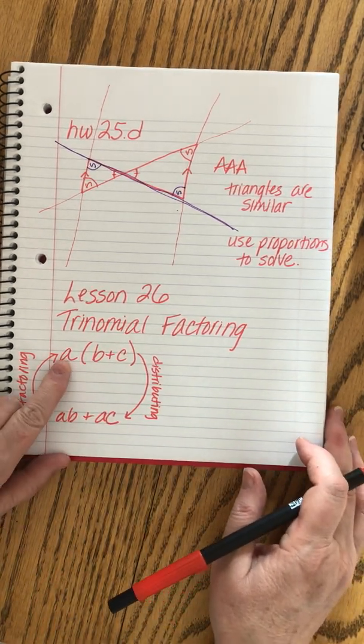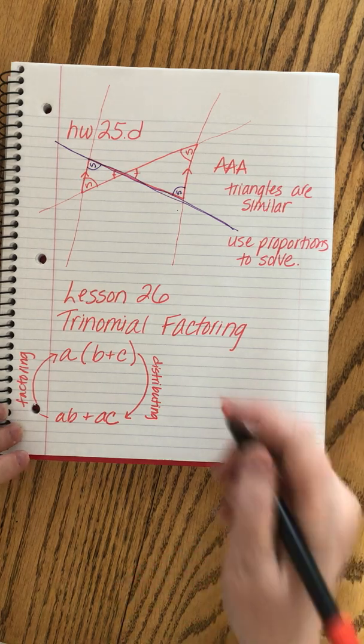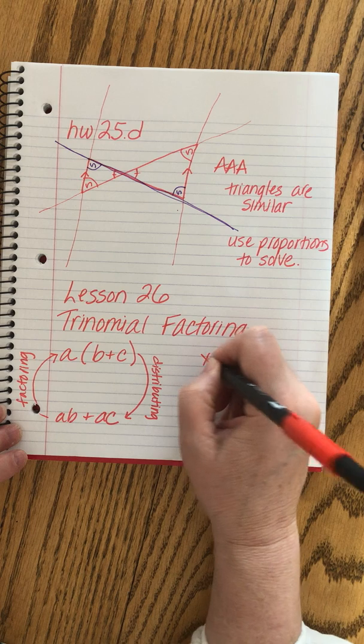Now, that works when we just have a term like that right there. But what we're going to look at is what if you have something like this, and I'm going to write it with numbers.